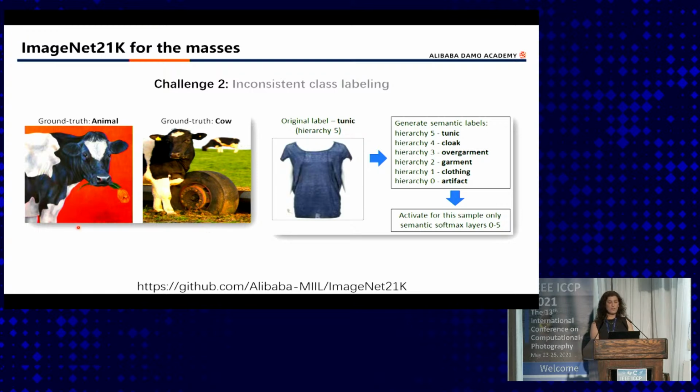The reason for the difference is that the way the images were annotated, the annotator selected one label from a hierarchy 11 levels deep. So some annotators chose animal, others chose cow. You can see another example for this image here on the right. The original label is tunic. But it could also have been cloak or overgarment or garment or clothing or artifact.